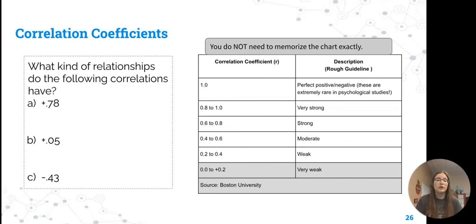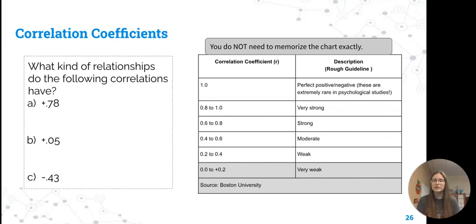When it comes to B, that is also a positive relationship, but since it's closer to 0, it's going to be a weak positive relationship. And when it comes to C, this one is a negative relationship, and it is more on the moderately weak side. It's close to that 0.5 in the middle, but it's still a bit on the weaker end.